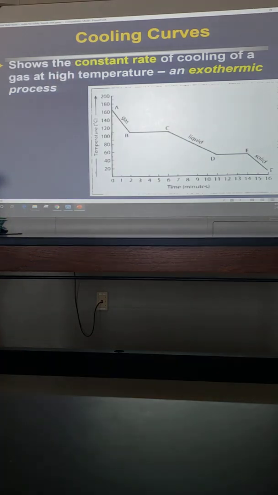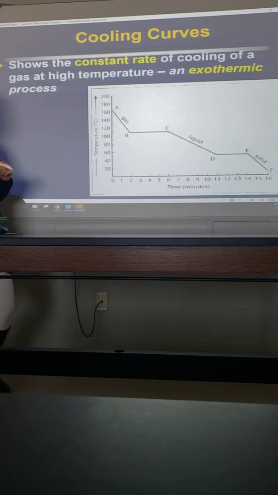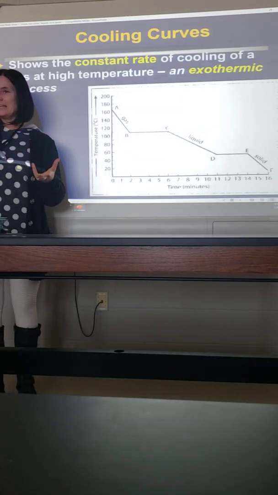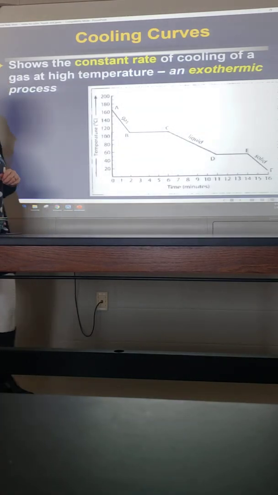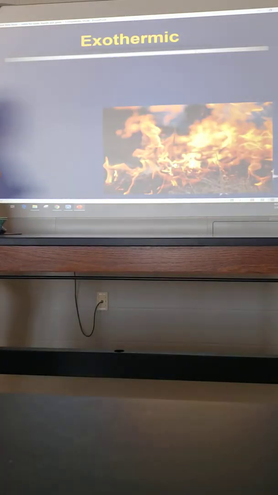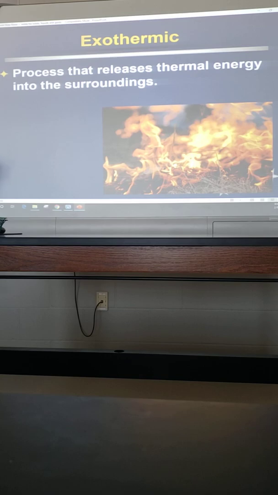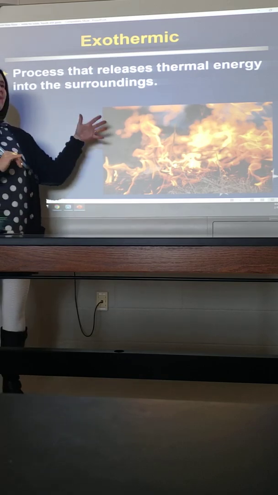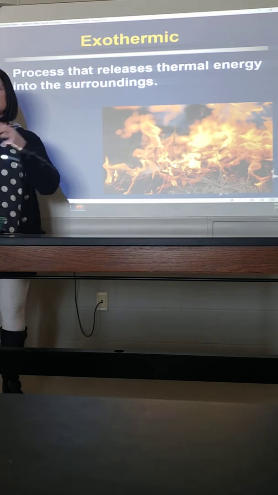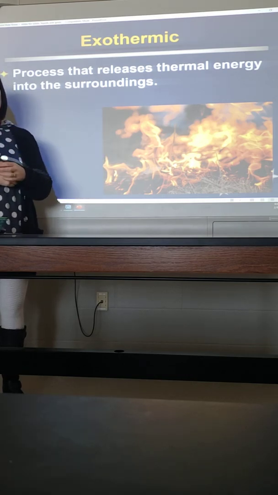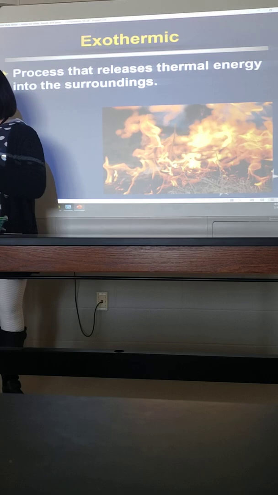And so again, this is an exothermic process because heat is exiting this system. This is the process that releases thermal energy into the surroundings. So the air around this fire is getting warm because it's leaving that chemical combustion or burning reaction.